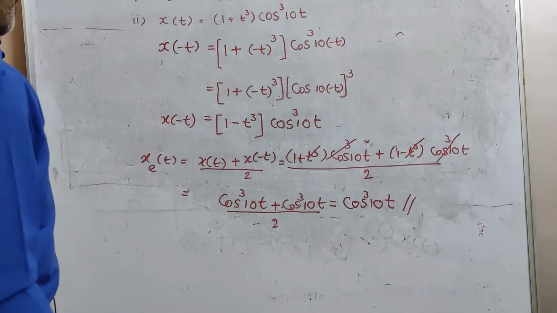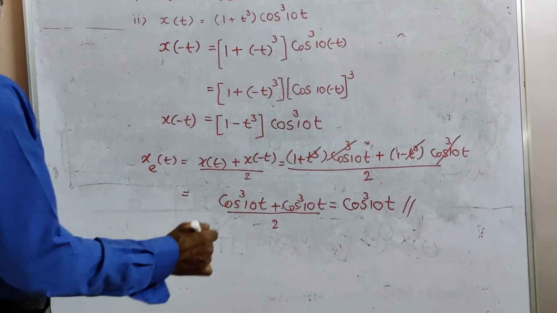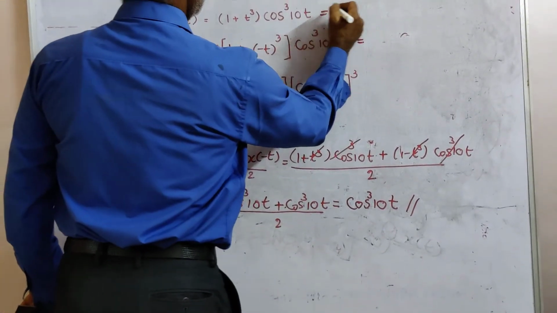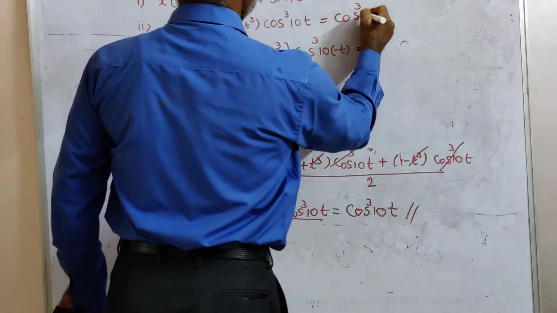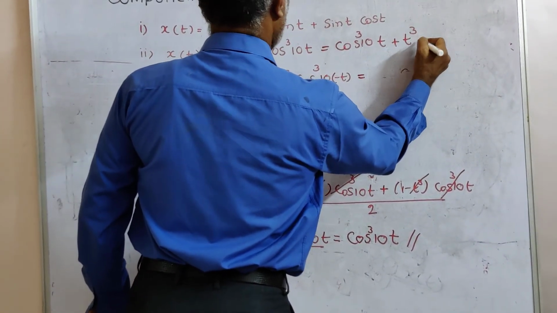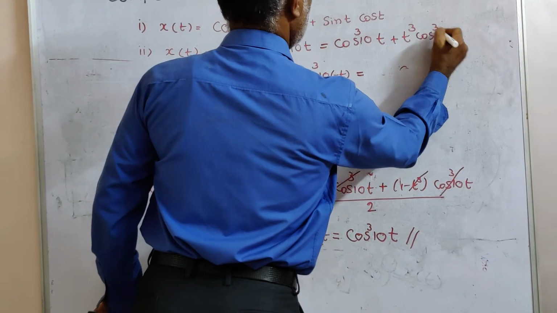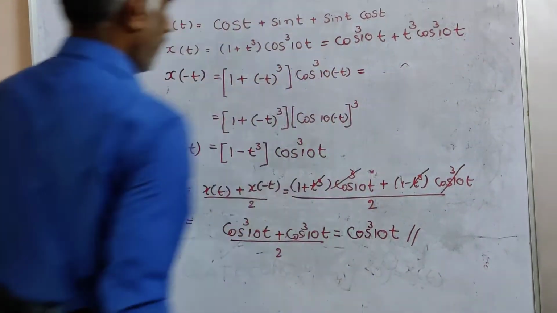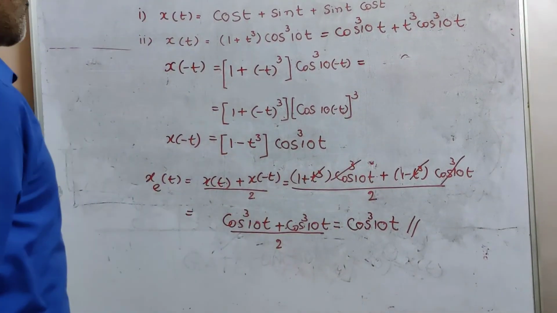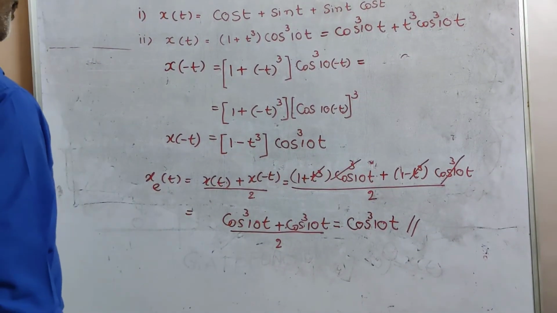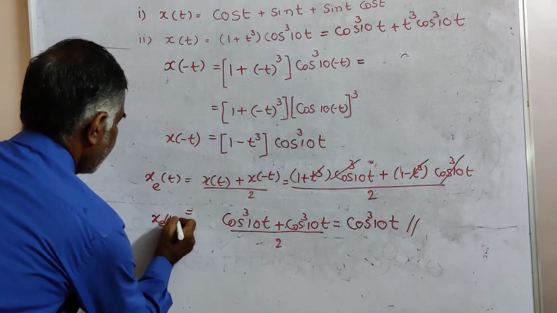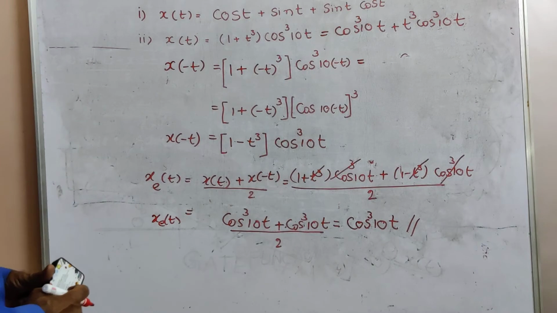So in this expression, cos^3 10t is what is called the even part. Now the odd part.